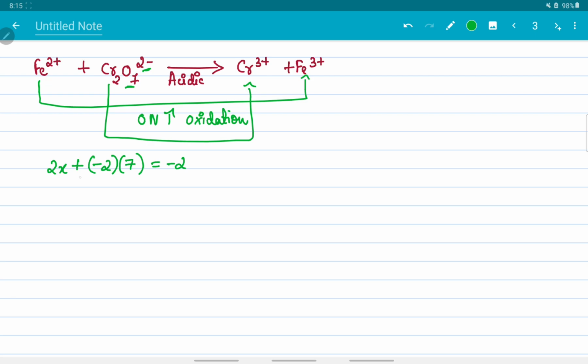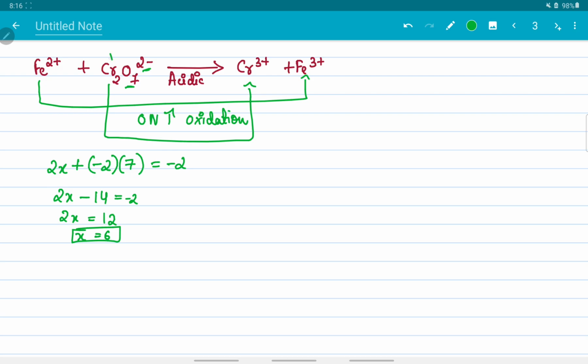So if you solve for x, 2x minus 14 equals minus 2, so we got x as 6.